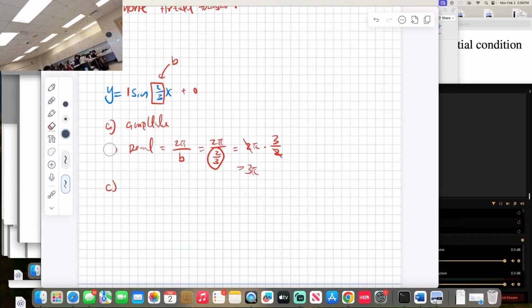Oh, sorry. B should be midline, right? So this is C, so B is the midline. B is the midline is what? Y equals 0, right? In the equation, the D is the midline, but he's doing A, B, C as steps.